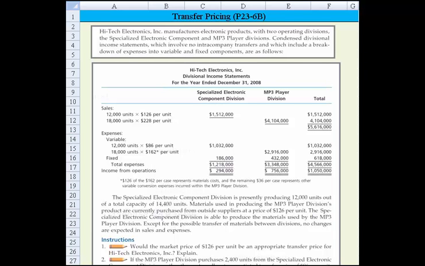Okay, now let's take a look at Instruction 1, which reads, would the market price of $126 per unit be an appropriate transfer price for high-tech?